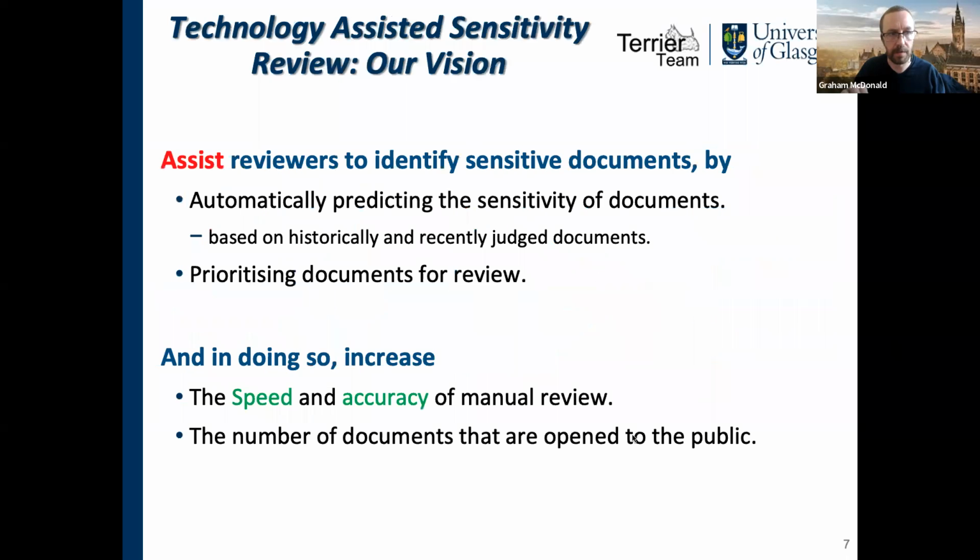Okay, so what is our vision? Our vision is to assist the human reviewers. We're not trying to take the human reviewers out of the loop.